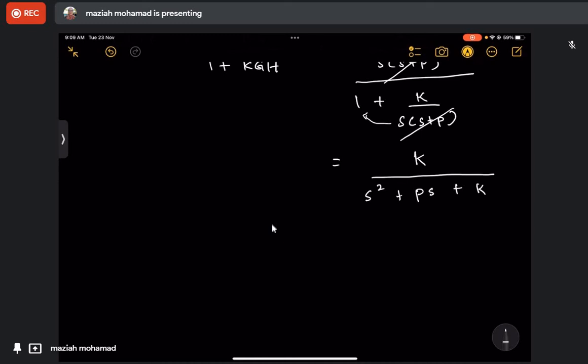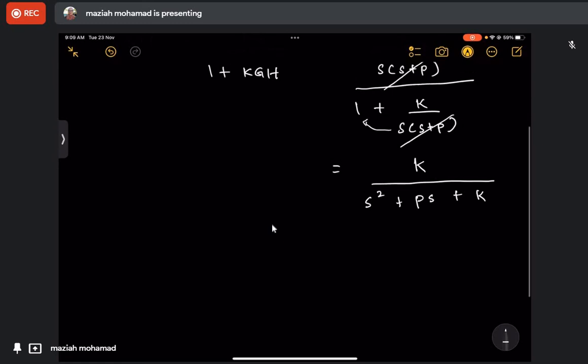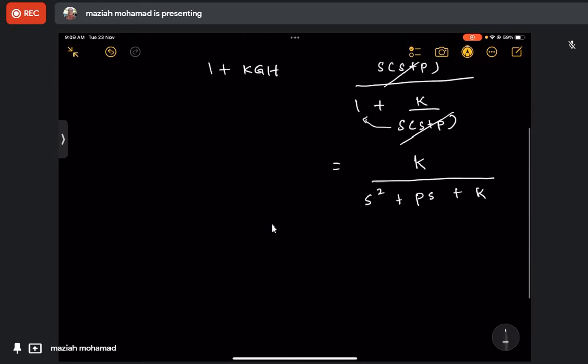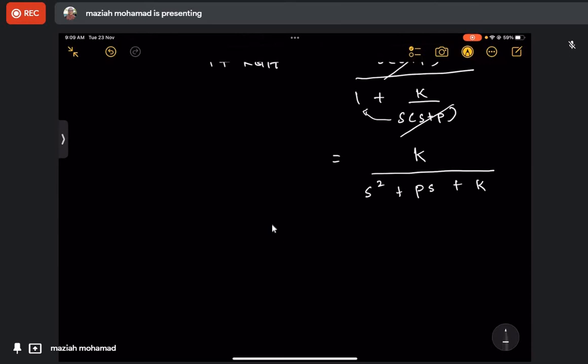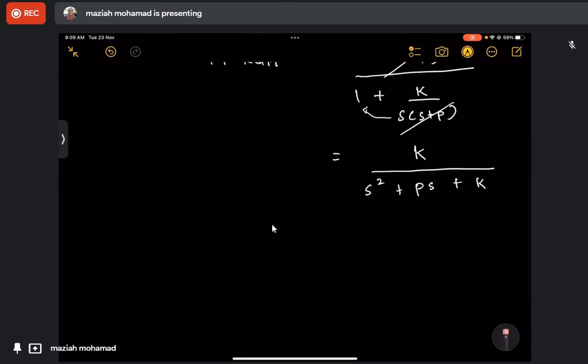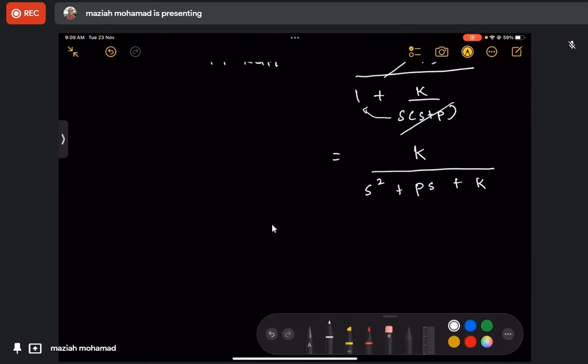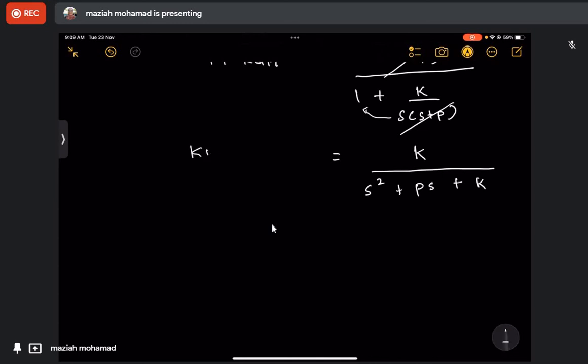So we're going to determine K and P. From here we know that if we compare with the standard form, K omega n squared over s squared plus 2 zeta omega n s plus omega n squared, right?